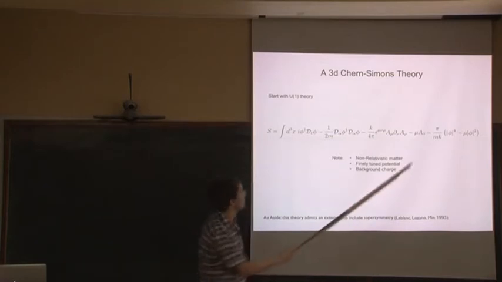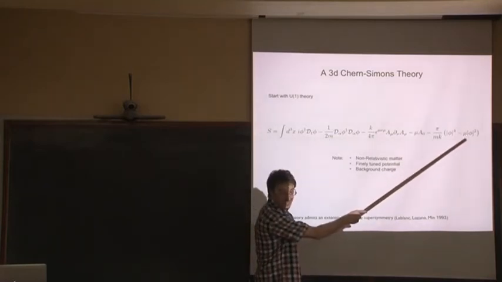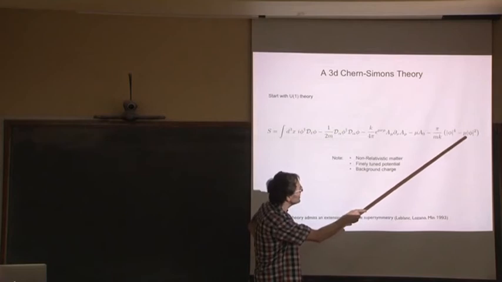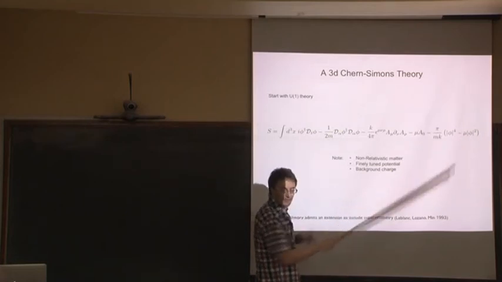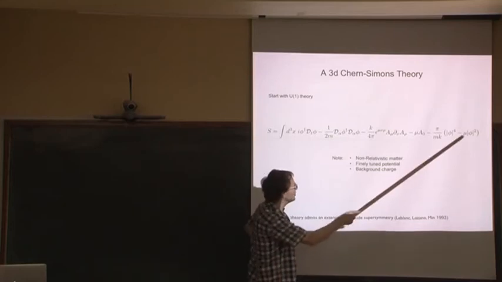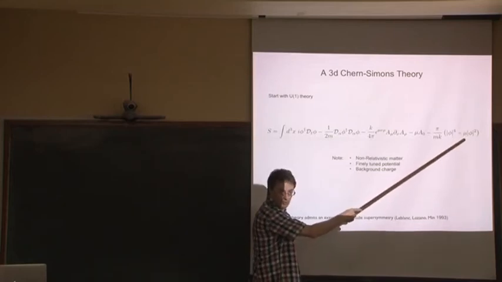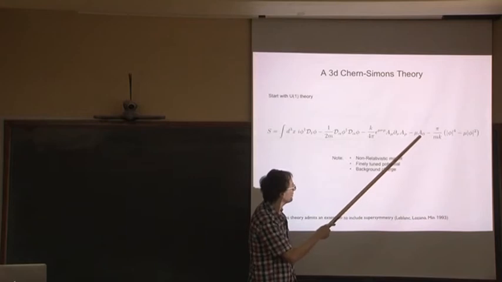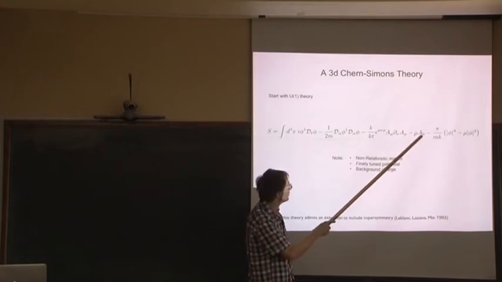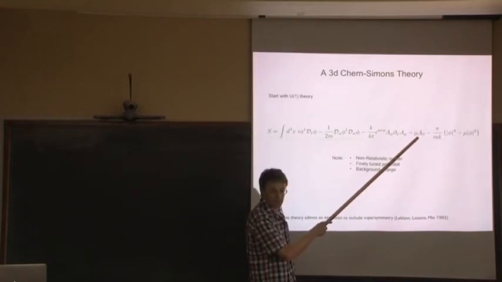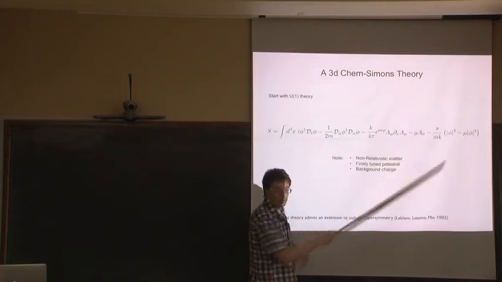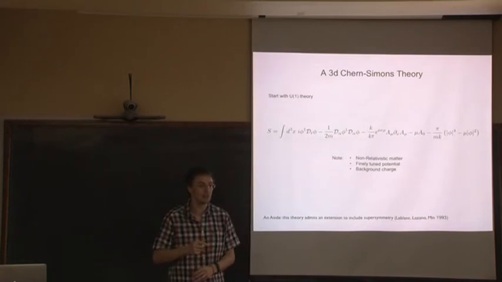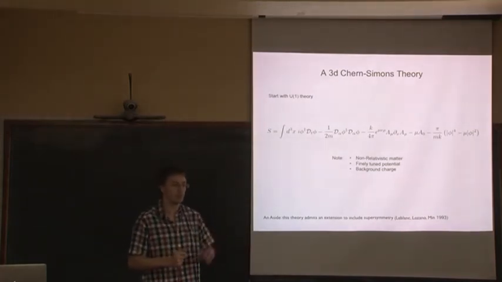And I've also tuned this to this. That's exactly right. This is mu times particle number. So if I fix the number of particles, mu is not playing too much role in dynamics. However, this is a background charge that's telling me I'm obliged to fix the number of particles to be something like that. So again, you're right. I've sort of tuned these two, and we'll see what role that makes. Right. So it's a slightly finely tuned Chern-Simons theory.